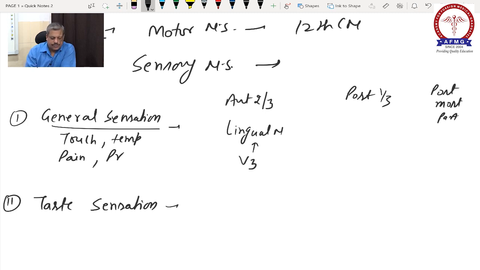The taste sensation from the anterior 2/3 is carried by chorda tympani, a branch of the facial nerve.